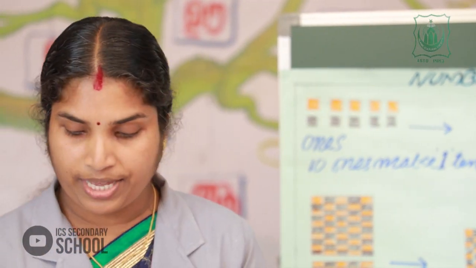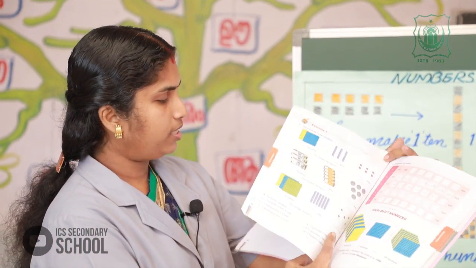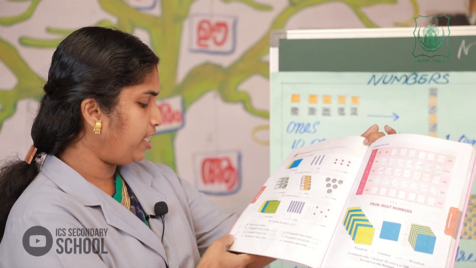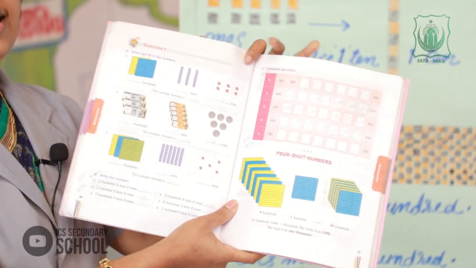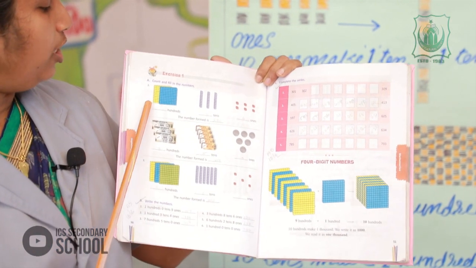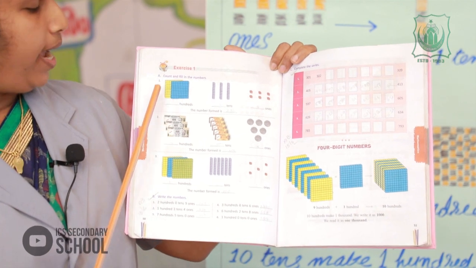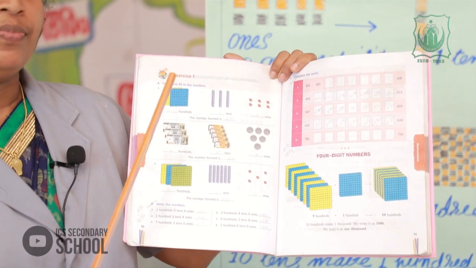Okay, students, please take your textbook. Take a textbook and open page number 50. Exercise 1. Here we can see two color strips, a blue color strip and a yellow color strip.